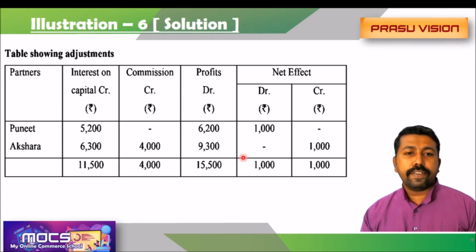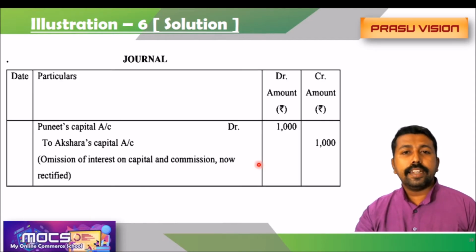Then we will get the difference. 5,200 minus 6,200, 1,000 debit balance. 6,300 plus 4,000, 10,300 minus 9,300, 1,000 credit balance. So in this way we will get the net effect value, the difference value. Then we have to write the entry. Puneet's capital debtor 1,000 to Akshara's capital 1,000.